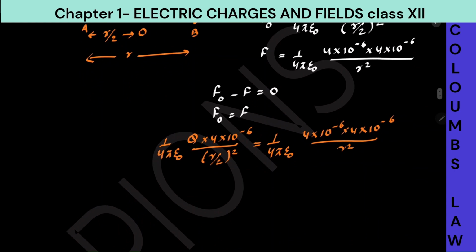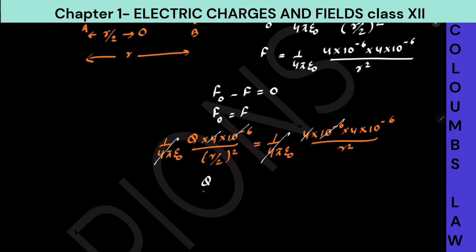The 4 pi epsilon naught cancels out, and one 4 into 10 to the power minus 6 cancels out.